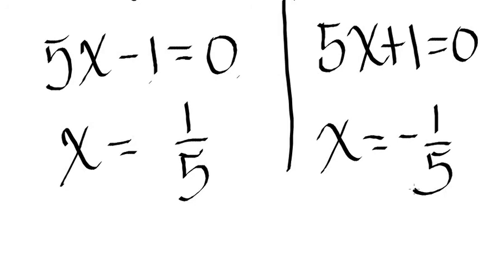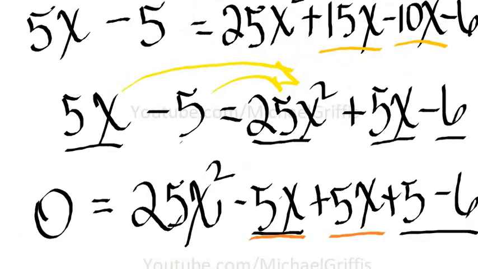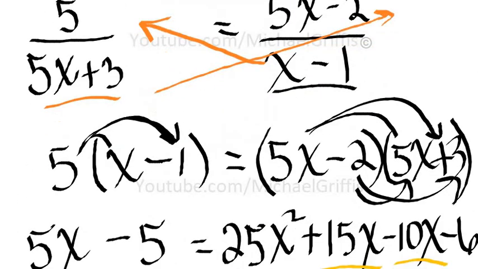Of course, these are your two possible solutions. I say possible because they may actually not be a solution, and we'll eventually get to one of those, I think, coming up. Go up here and plug them in, 1/5.